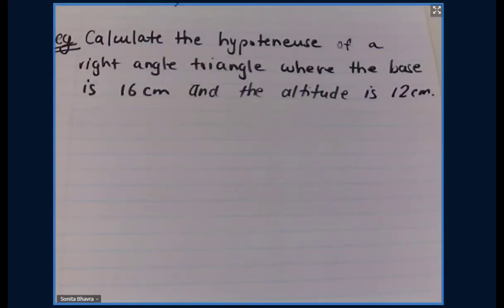All right, so our first example we have here is a word problem. Calculate the hypotenuse of a right angle triangle where the base is 16 centimeters and the altitude is 12 centimeters. So a good idea always is to draw out your diagram of this triangle.